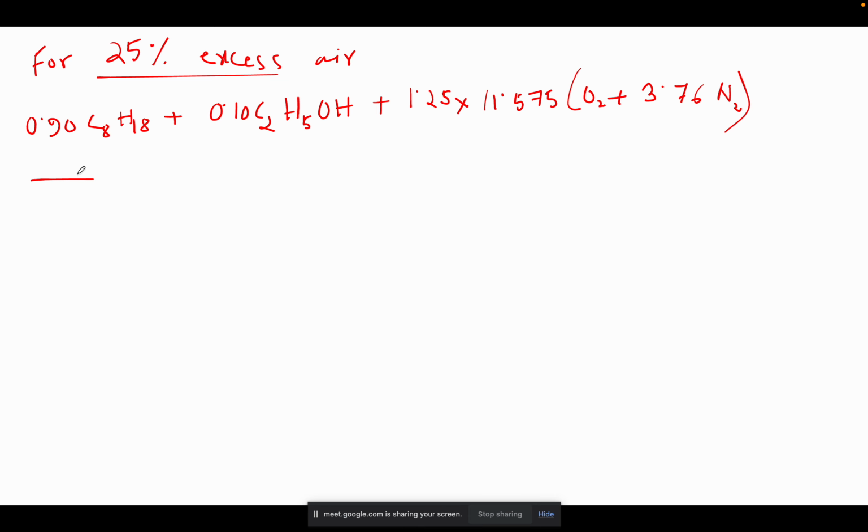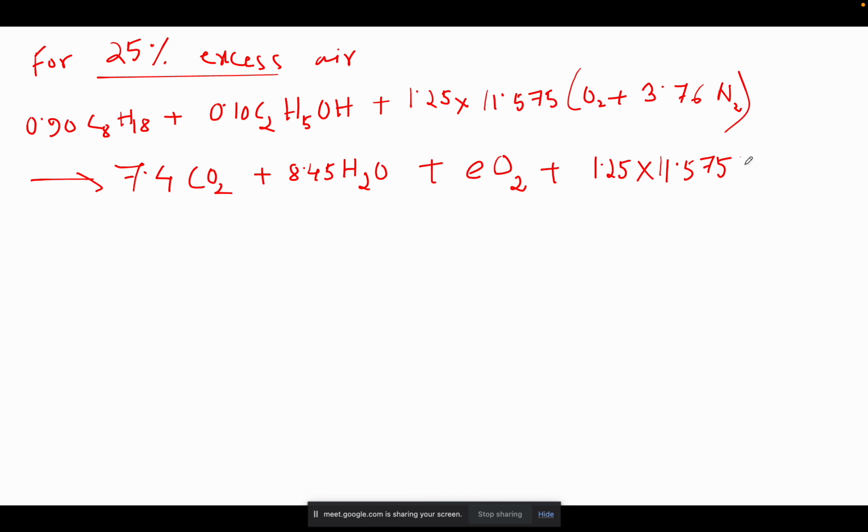Okay, so this will be 7.4 CO2 plus 8.45 H2O plus, let me assume that some amount of oxygen is present, E O2, plus 1.25 into 11.575 into 3.76 N2. Now from here, if you do again the balance of oxygen, what you will get, basically E is equal to 2.893.